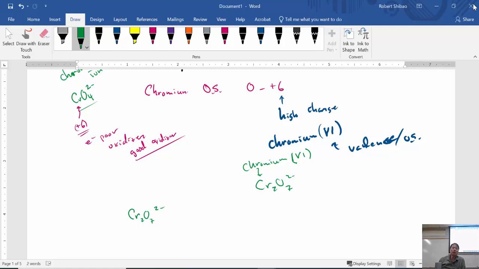In order to do that, there are different ways we can look at it. Actually, let me go this way. I'm going to link up two chromates to make a dichromate. And so this is going to be the dichromate.